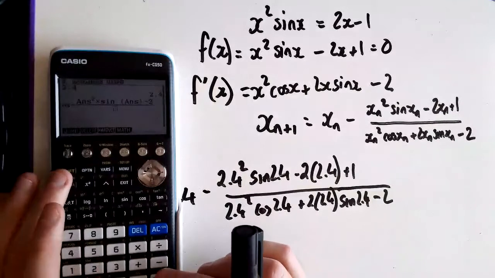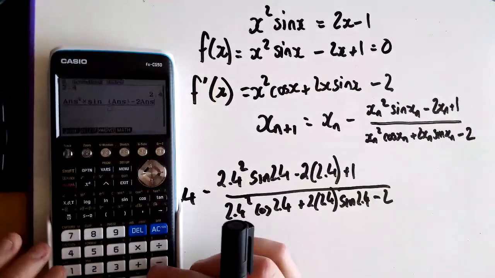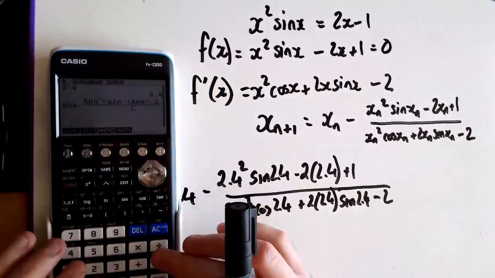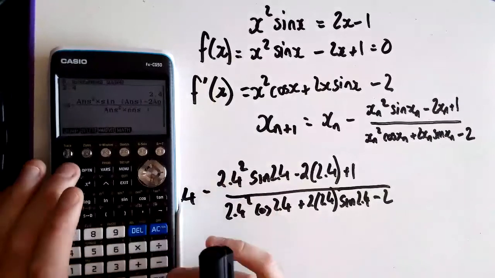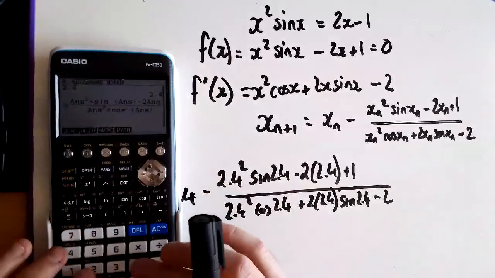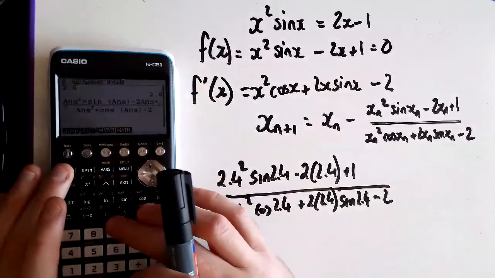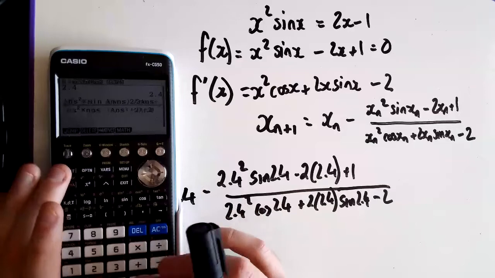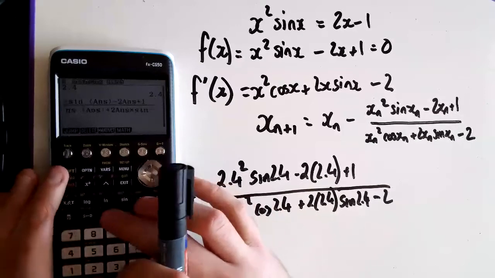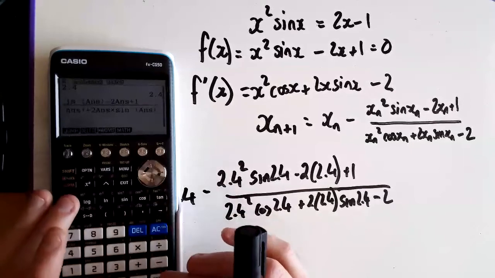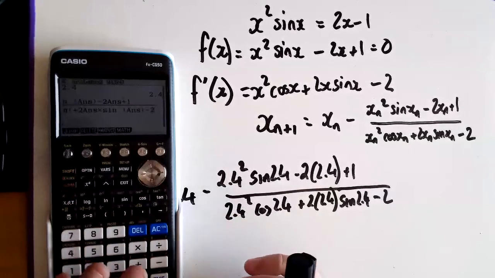Take away 2 times answer plus 1, over answer squared times cos answer, again using brackets, plus 2 times answer times sine brackets answer, take away 2.